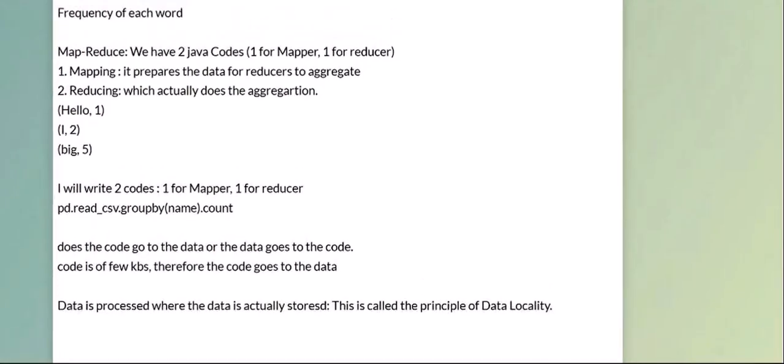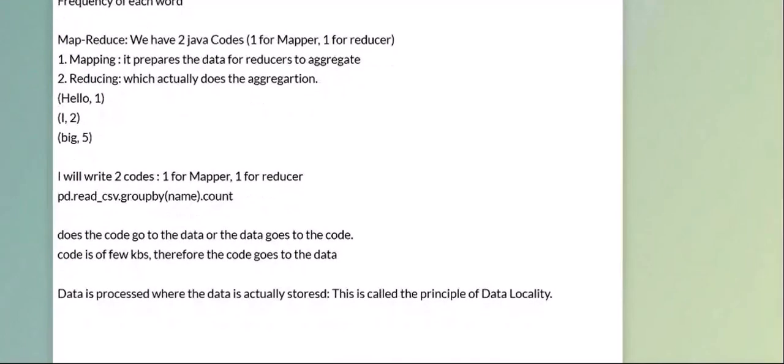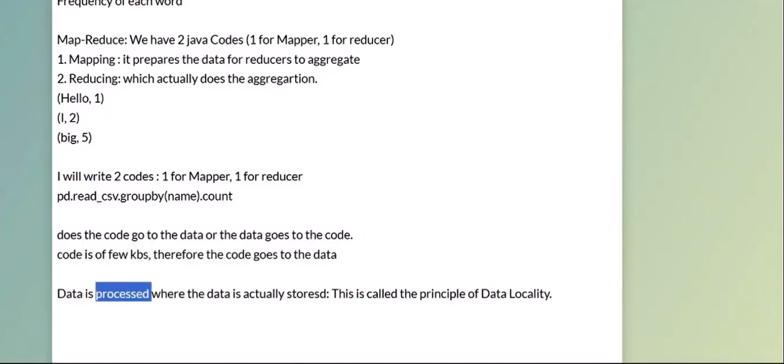So we saw two things in distributed processing of MapReduce. Number one, the code goes to the data, not the data to each machine. The reason is that the code is just a few KBs, and the data is generally in MBs or GBs.